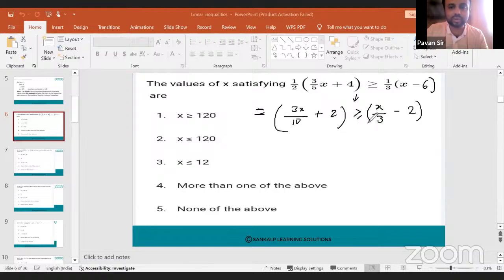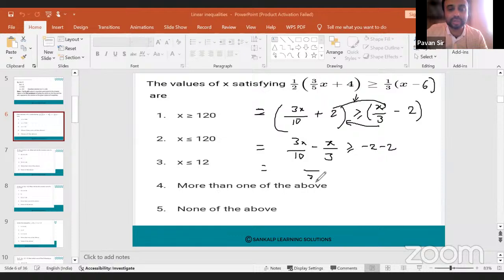The values are going to be like this when you simplify them. So next, try to transpose the term 3x by 10, where x is there, that term you can transpose, that is minus x by 3. This x by 3 is transposed to the other side and is greater than or equal to minus 2. The plus 2, when transposed to the other side, becomes minus 2. So try to get the solution for this.